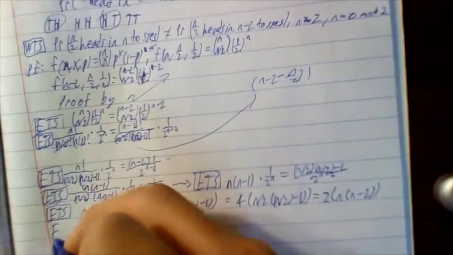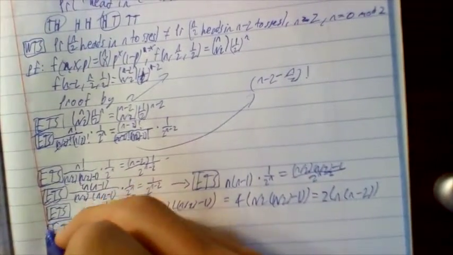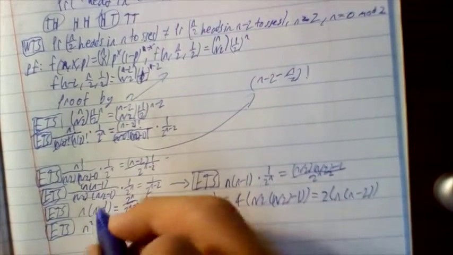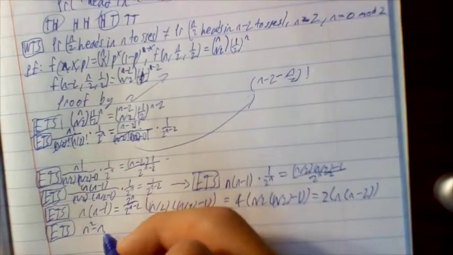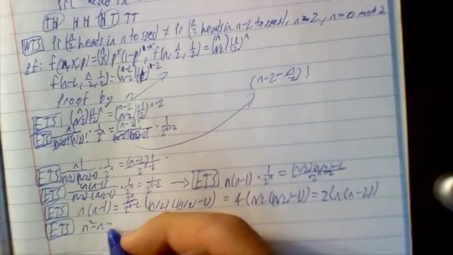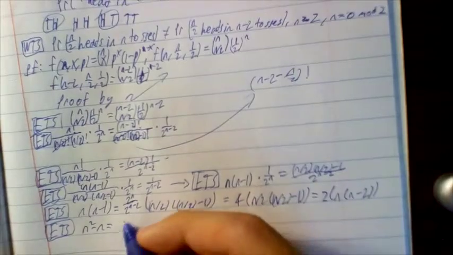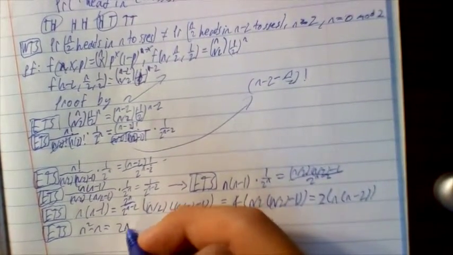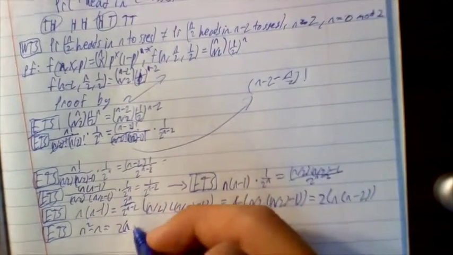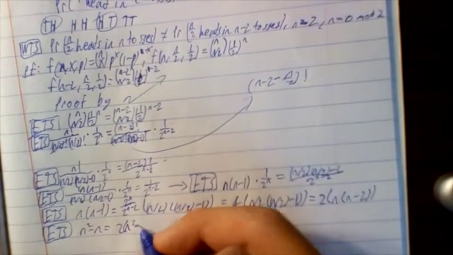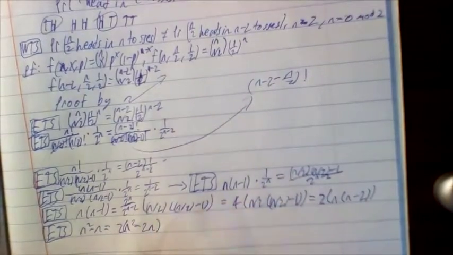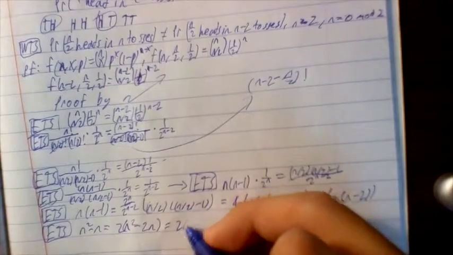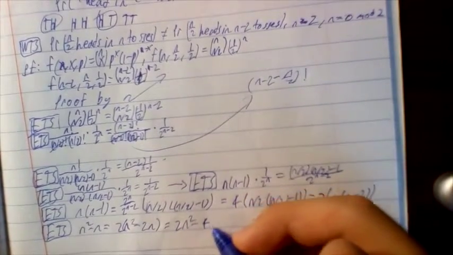So, if those are really true, it should be equivalent to show that n squared, expanding this guy, n squared minus n is equal to 2n, 2 times n squared minus 2n, or it's equal to 2n squared minus 4n.